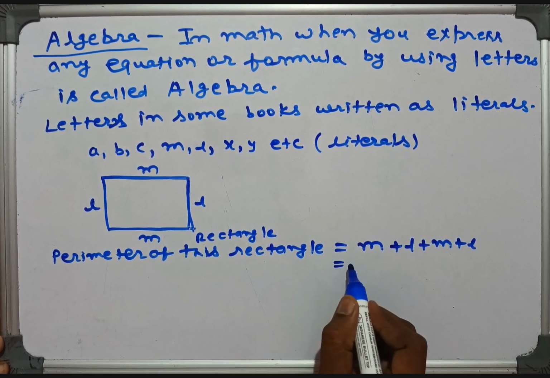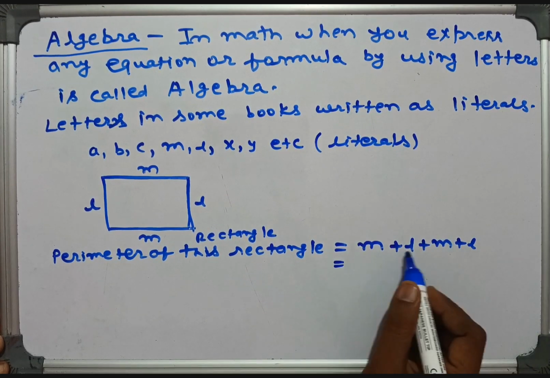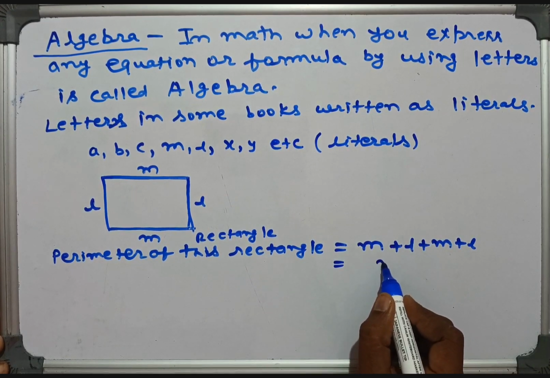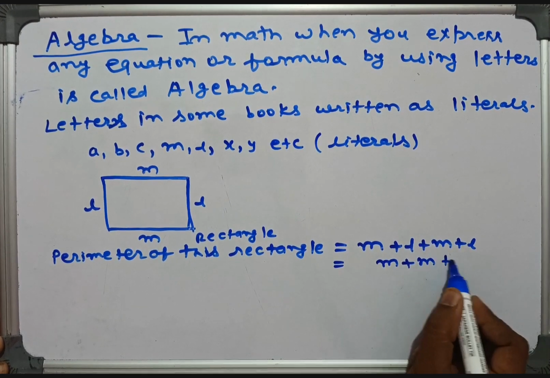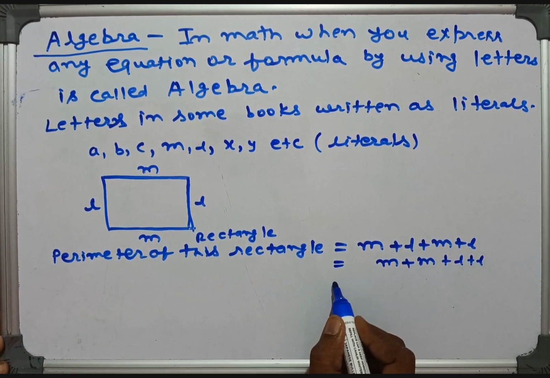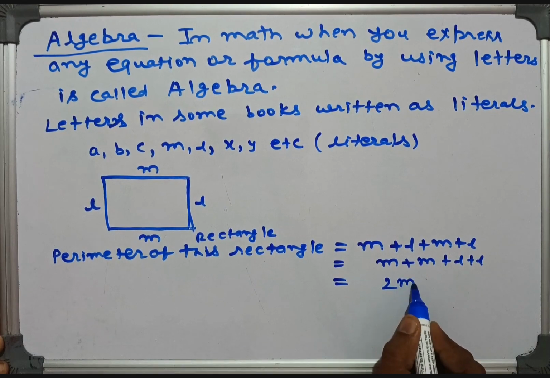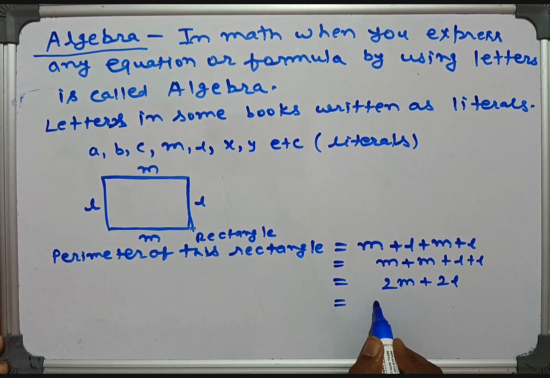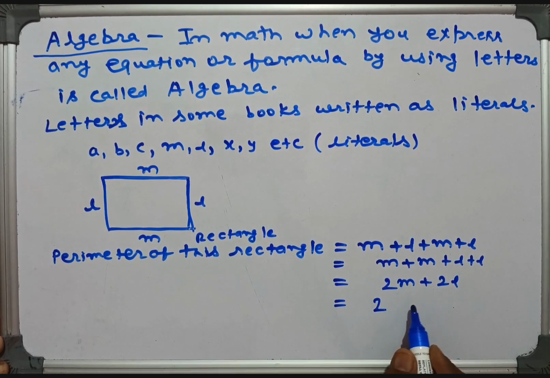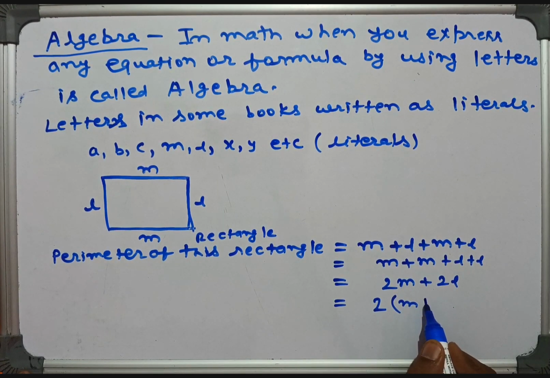Okay guys, when we group like terms, M plus M and L plus L, this becomes 2M and this becomes 2L. And if we take 2 common, then it becomes 2 small bracket open, M plus L, small bracket closed.